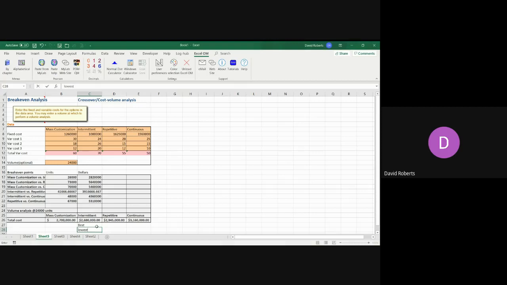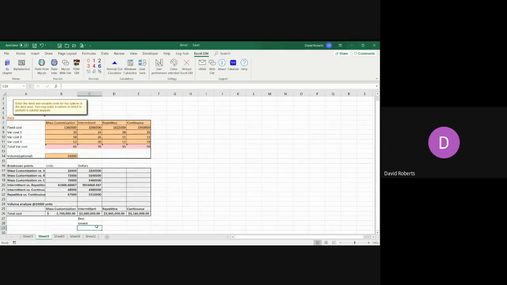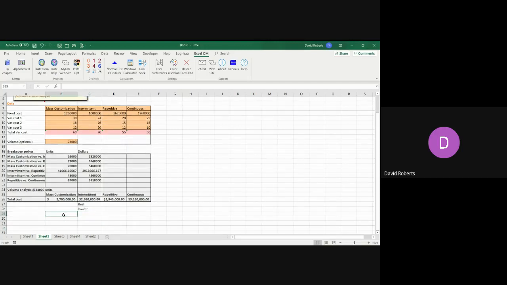But you also have to be careful with the fact that this particular problem also doesn't want to know the lowest cost, it wants to know the highest annual profit. So you're going to need to calculate the revenue, which would be done by taking the 24,000 units and you're going to multiply it by $120.